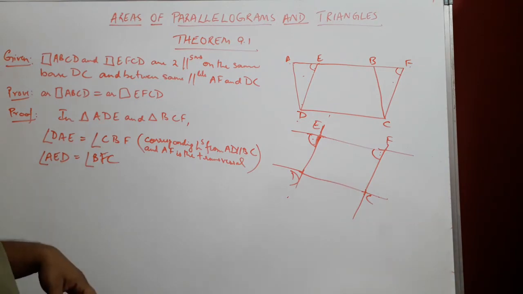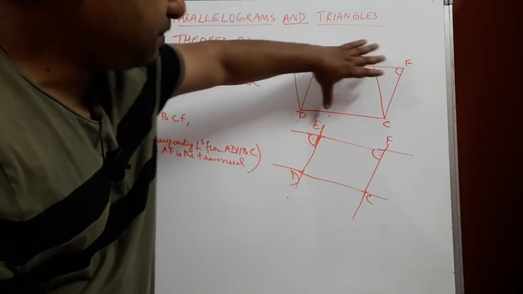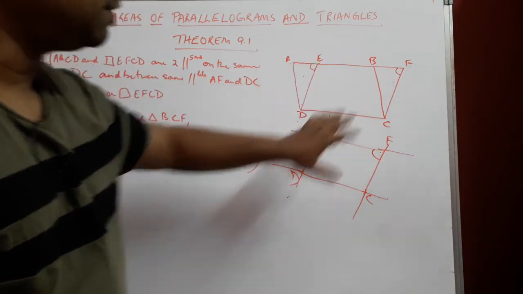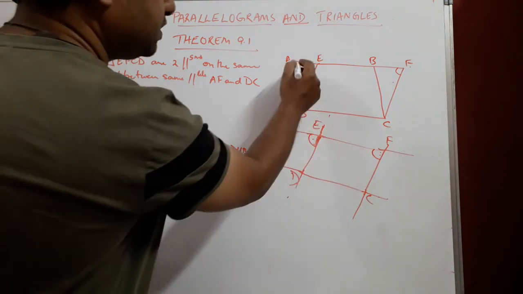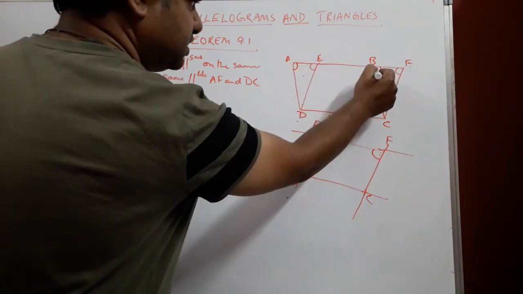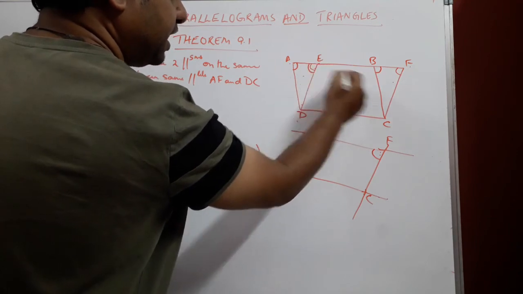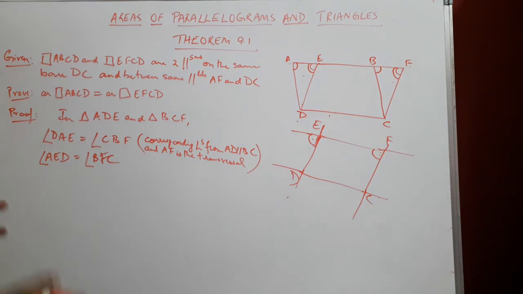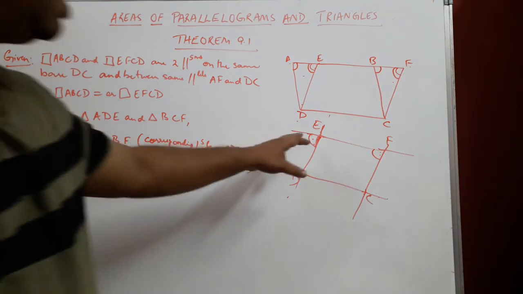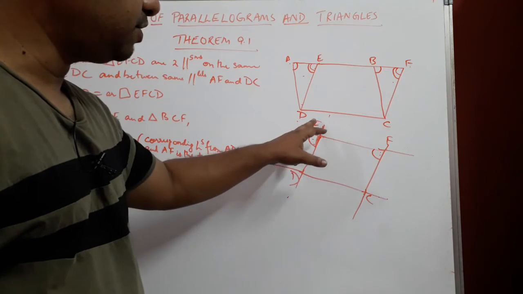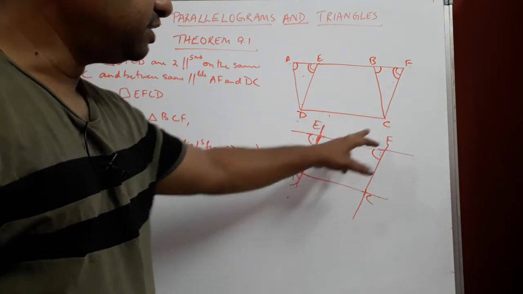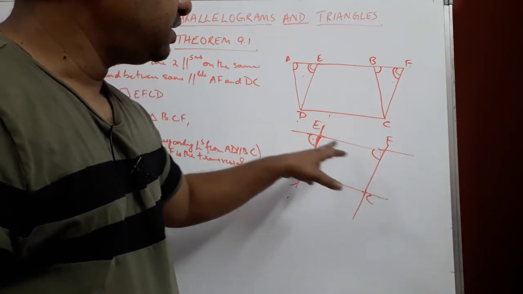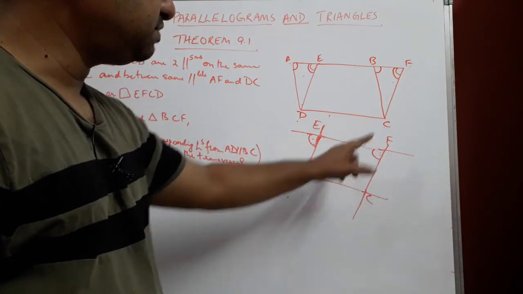These are corresponding angles. The reason why I took this parallelogram and showed it to you separately, because here it could get confusing. What we are trying to achieve here is this angle equal to this angle and this particular angle equal to this particular angle, using the corresponding angle theorem. So here you get corresponding angles are equal. Why? Because ED is parallel to FC, and this once again AF is a transversal cutting through these parallel lines.